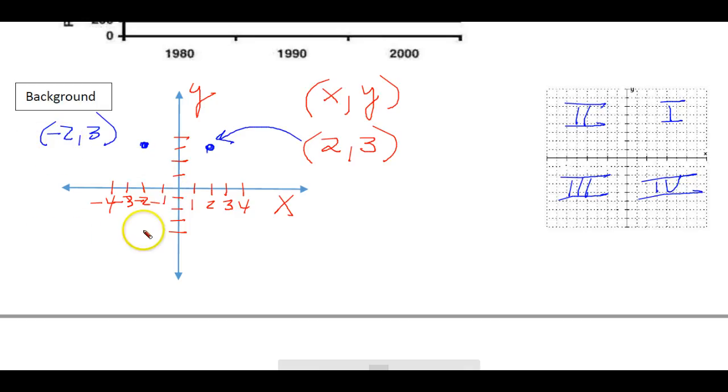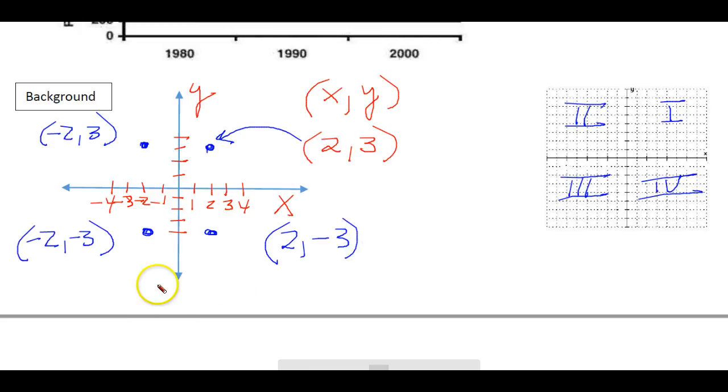If they were both negative, that would be the third quadrant. And here, if the x were positive while the y value is negative, this would be the fourth quadrant.